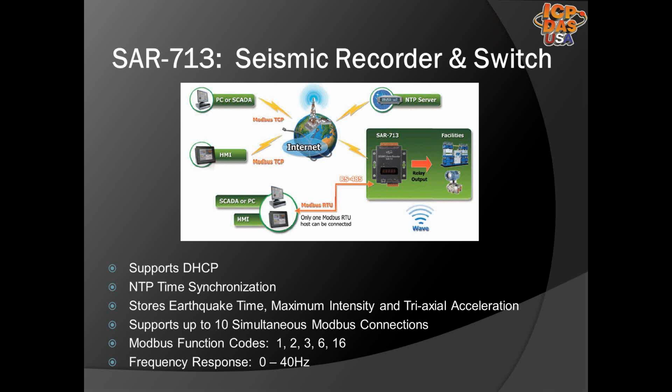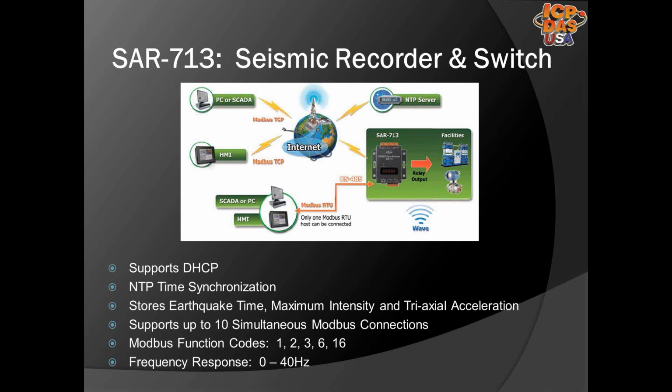It can display earthquake data in real time along with maximum intensity and acceleration. It can be synced up with a NTP network time protocol server for clock synchronization with 1-second accuracy. It communicates over Modbus. It can easily be used with HMIs, PCs, PLCs, and SCADA systems.